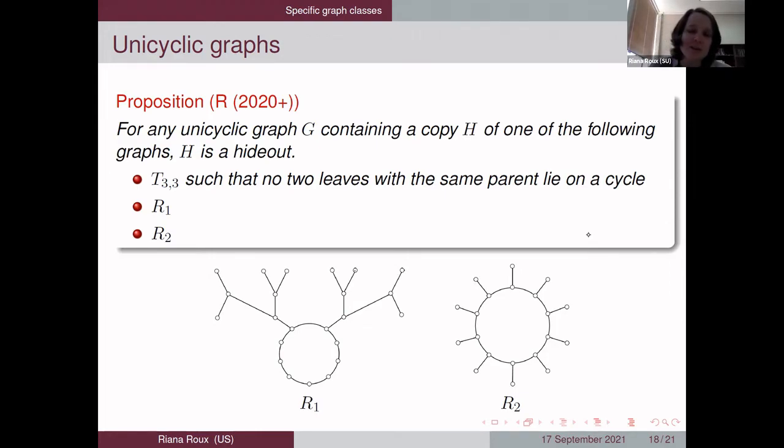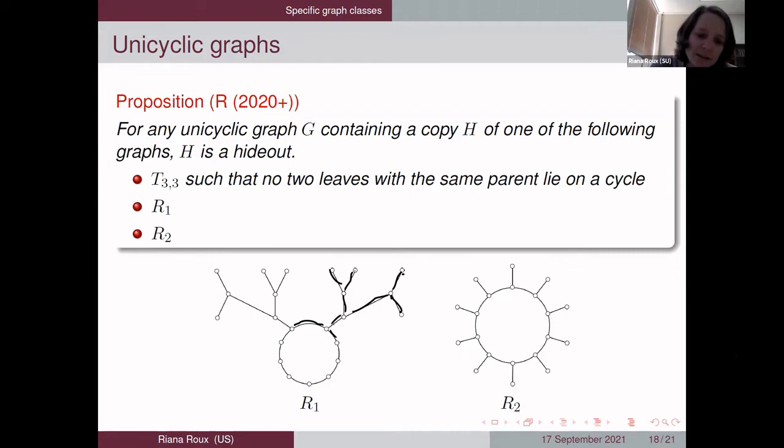So it's all subgraphs with T33, except for those that look like the one in the previous slide. But then we have an exception, and that's the graph R1. I like to call it the Rudolph graph. It looks like a reindeer. And if you look carefully, you'll see that over here we have T33.